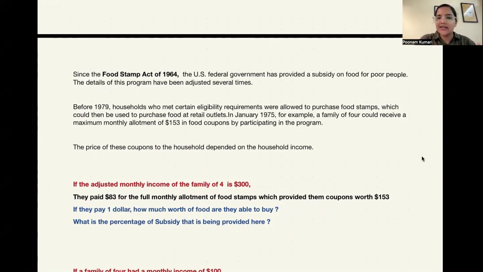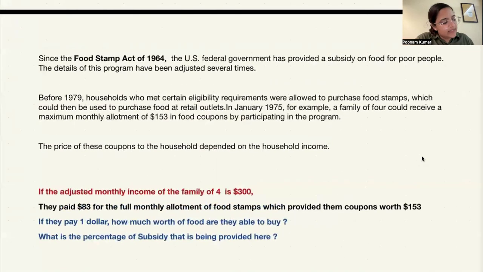Please understand the details of that program in detail, because we are going to use those details to make the budget line based on this information. So before 1979, the households who met certain eligibility requirements were allowed to purchase food stamps.